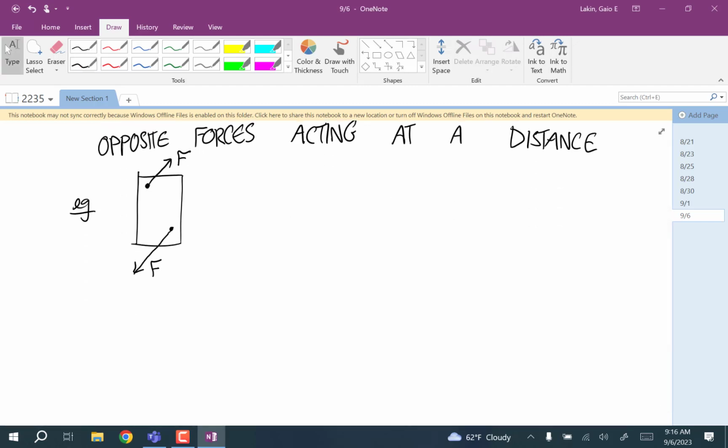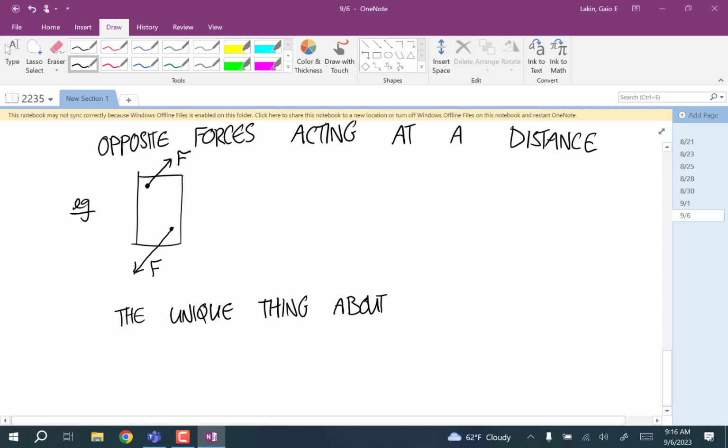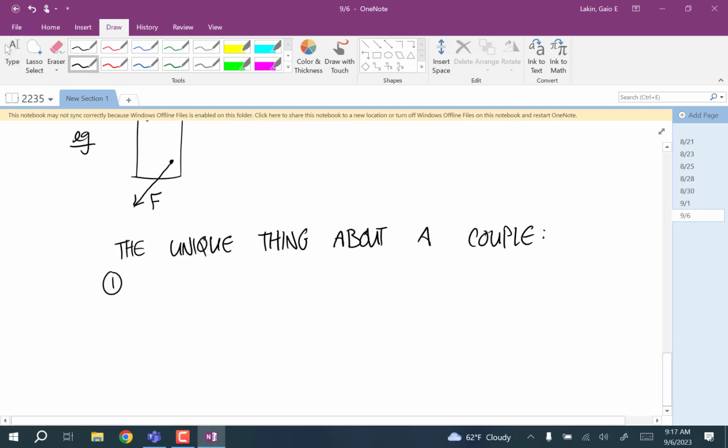And the interesting thing about couples, the unique thing about couples, is first, notice that it doesn't produce a net force because it's two equal and opposite forces.